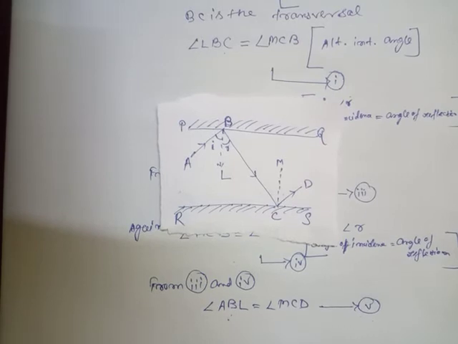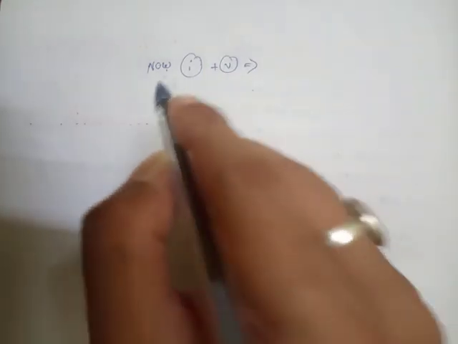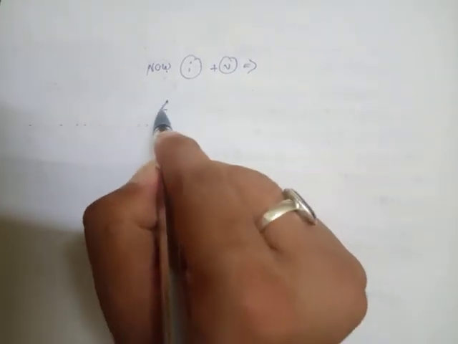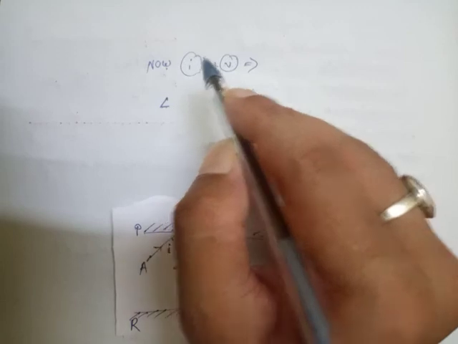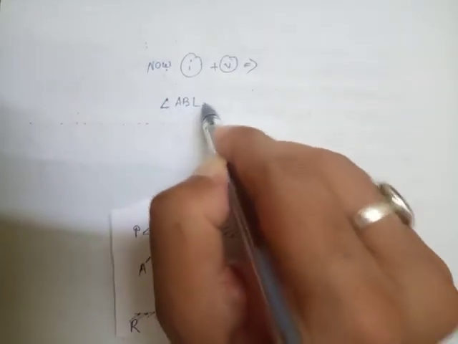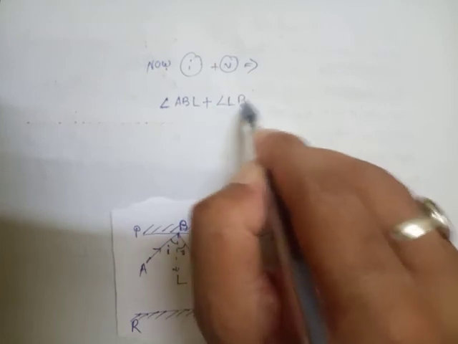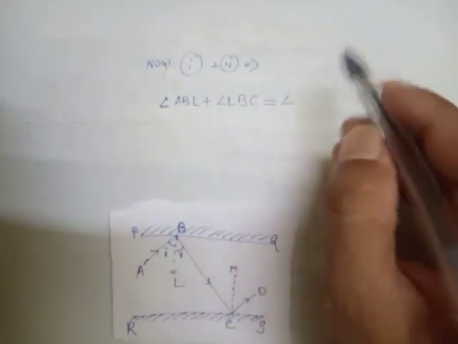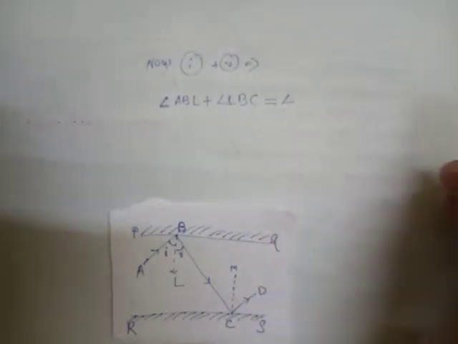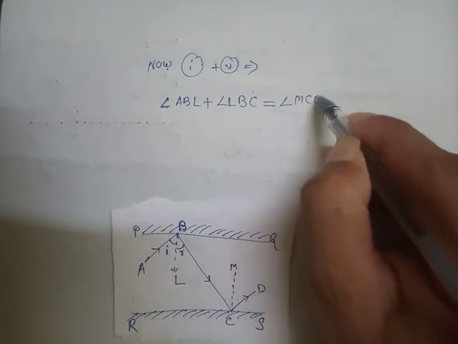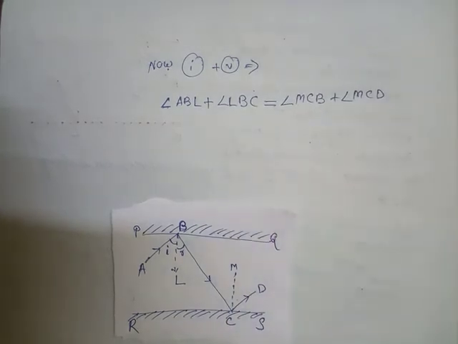Now equation 1 plus 5, then what will happen here? Angle ABL plus angle LBC equals angle MCB plus angle MCD.